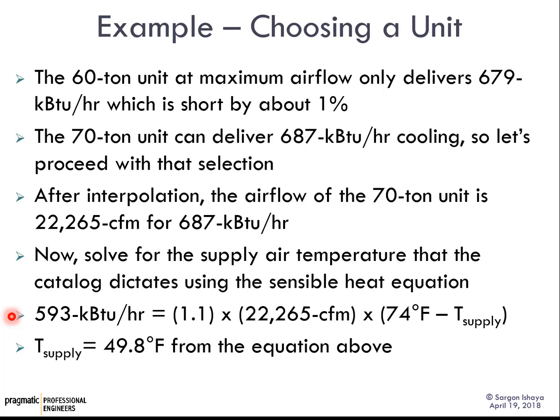Okay? I want to make sure that you understand that. That's why we have 593 in here and not 687. 687 takes into account fan heat, outdoor air load, and so forth, something that the space won't see. So that's why we use the space load and this airflow to determine what the supply air temperature coming out of the unit is going to be. And we find that the supply air temperature coming out of the unit is 49.8 degrees.